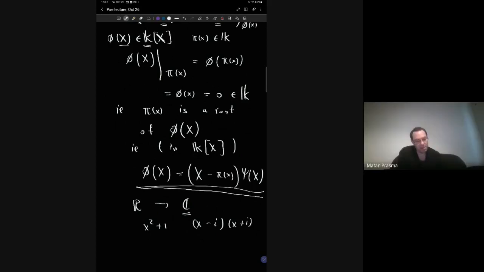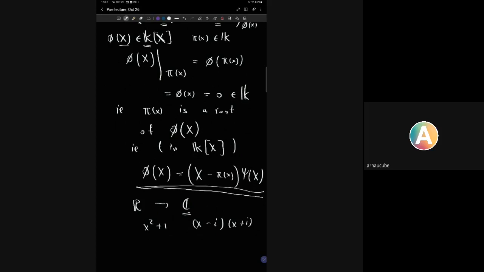Yes, we did something similar, not in this setting, to prove that we could decompose things into prime polynomials. So I guess we are heading in a similar direction, but in this new setting.